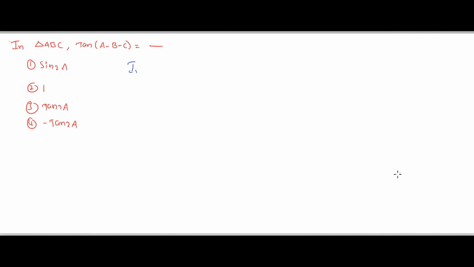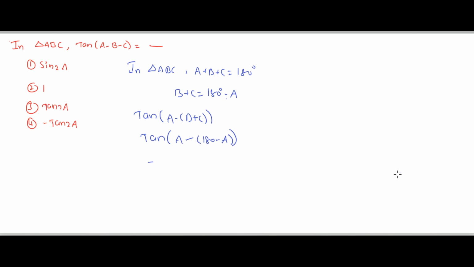In triangle ABC, tan of A minus B minus C value is dash. In triangle ABC, A plus B plus C is equal to 180 degrees. From this, B plus C is equal to 180 degrees minus A. Substituting this in the given expression, tan of A minus of B plus C, that is tan of A minus of 180 degrees minus A. That is equal to tan of A minus 180 plus A, that is tan of minus of 180 plus 2A.